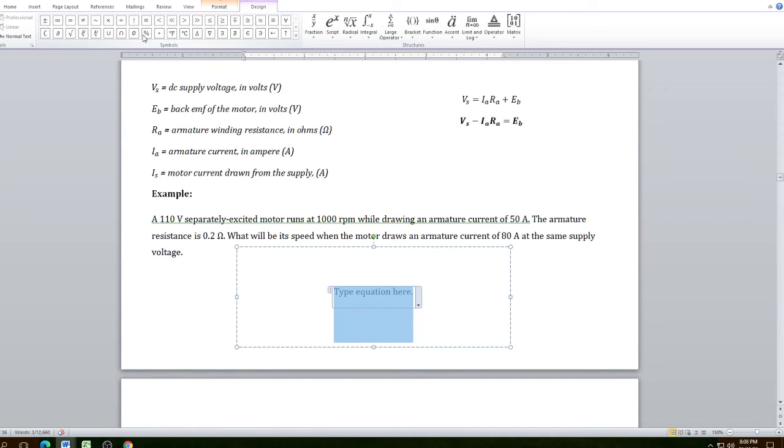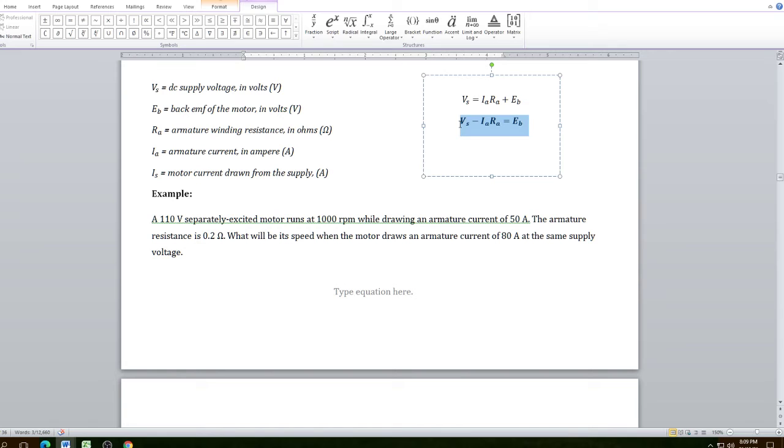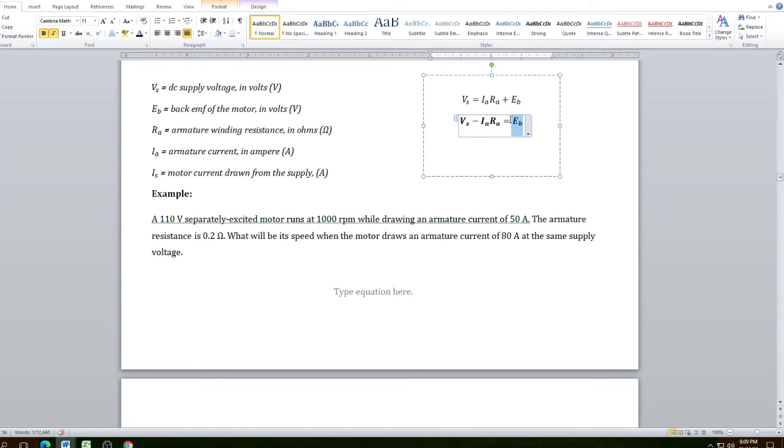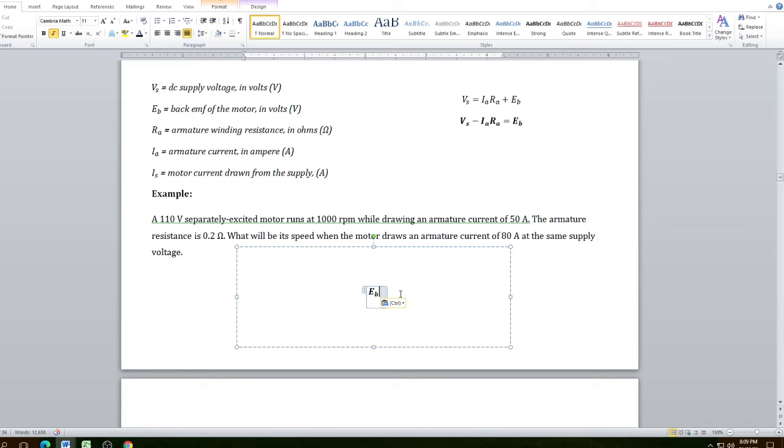At the first condition the armature current is 50, and the supply is 110. This is the formula that we are going to use: we have VS, we have IARA, so we get the back EMF for the first condition.